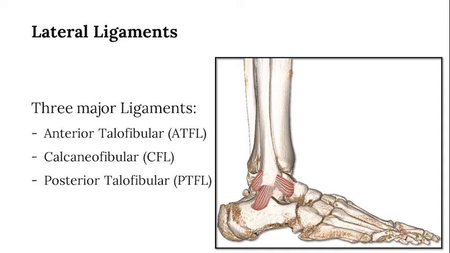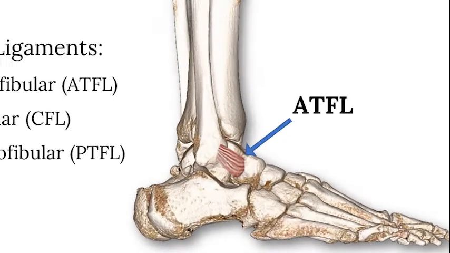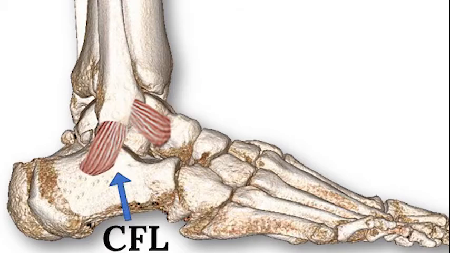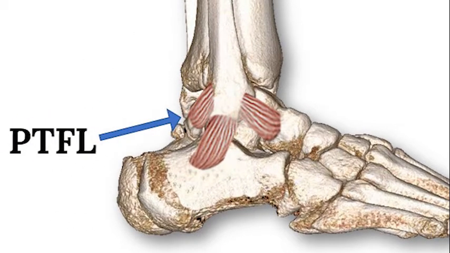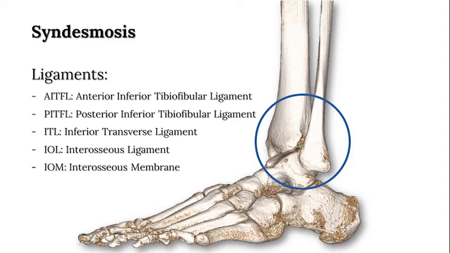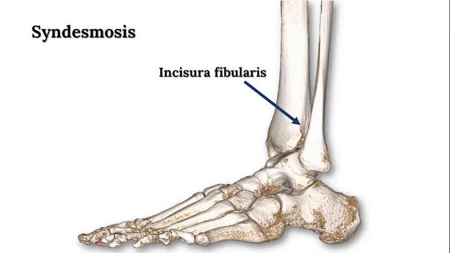The lateral ligaments are the main stabilizers to inversion of the ankle and are made up of the anterior talofibular ligament, the calcaneofibular ligament, and the posterior talofibular ligament. The syndesmosis is made up of an osseous articulation between the distal fibula and the distal tibia at the incisura fibularis and is made up of anterior and posterior ligaments.